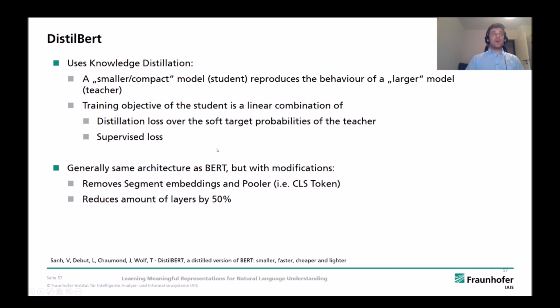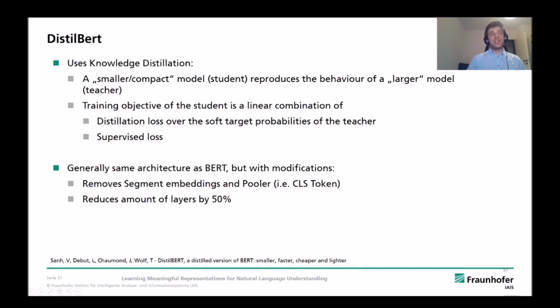DistilBERT uses something called knowledge distillation. That means that the smaller, more compact model, the student model, tries to reproduce the behavior of a larger model, the teacher, in our case the BERT base model. The training objective of the student is a linear combination of the distillation loss over the soft targets of the teacher, so it's trying to reproduce the soft targets that the teacher produces, and also the supervised loss on the training data.